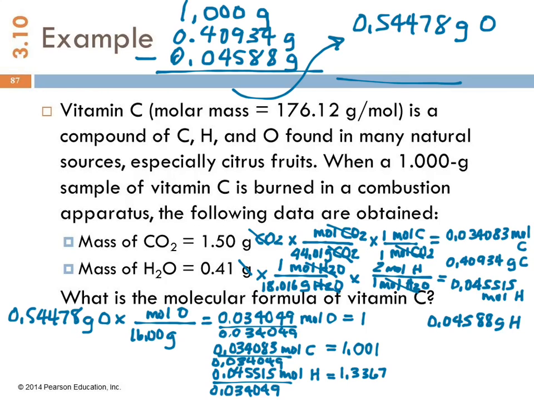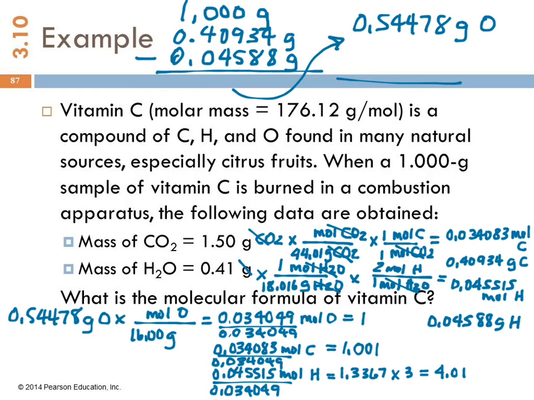0.33 is the decimal equivalent of what fraction? 1/3, right? So if we multiply by 3, we'll probably get a whole number. So multiply by 3. Here I get 4.01.